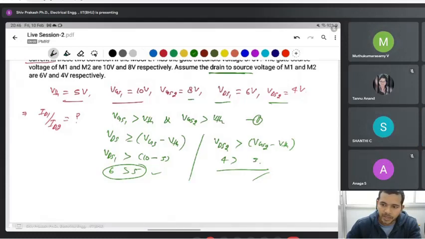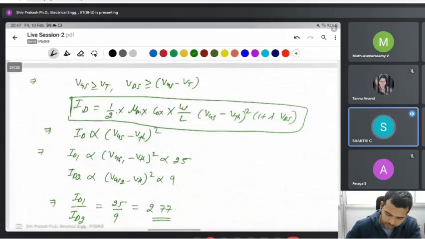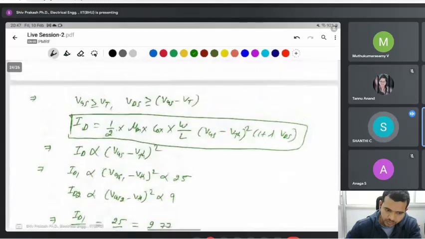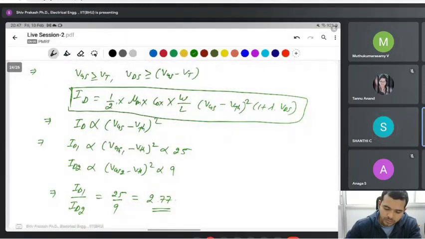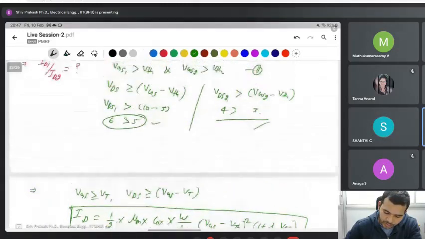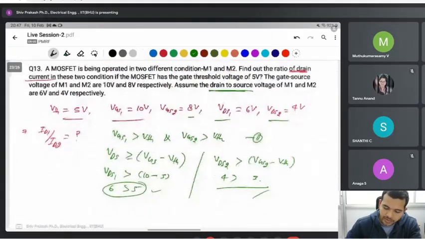If in the cutoff region, then ID is 0. Can we apply KVL on the output side and find ID1 and ID2? No value of resistance, RD or RDS, is mentioned, so how can we apply KVL? Only voltage values are given, so we cannot find the current from voltage.